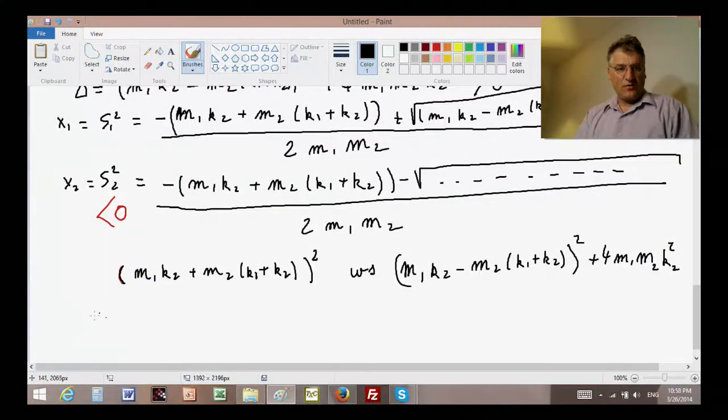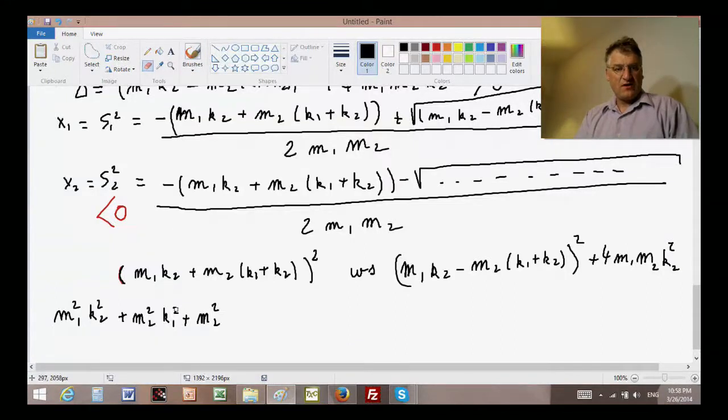And we obtain m1 squared k2 squared plus m2 squared k1 squared plus m2 squared. Let me correct this. We'll just keep k1 plus k2 squared.